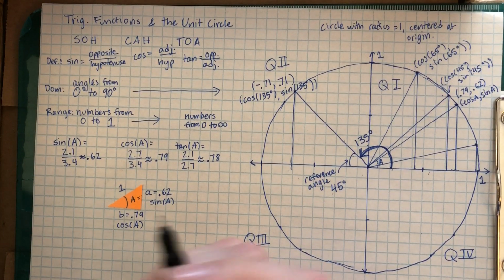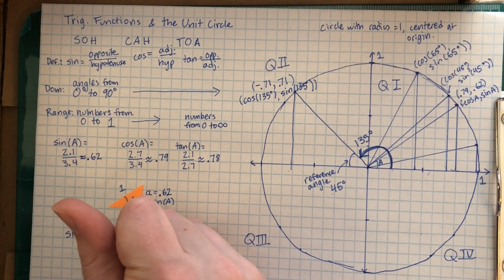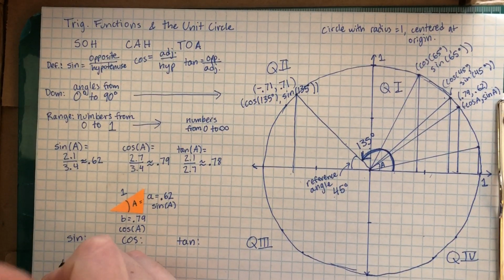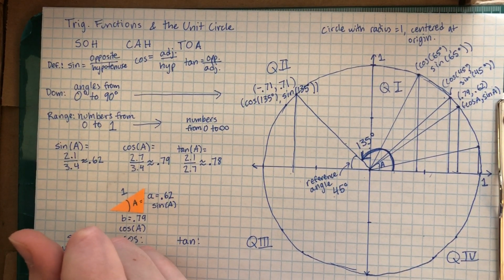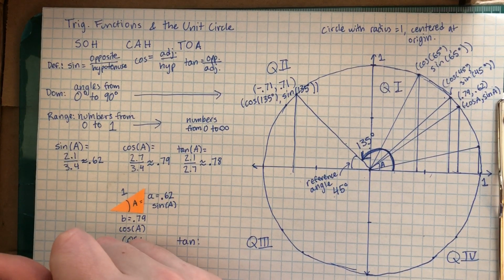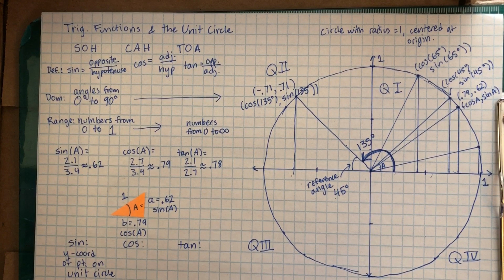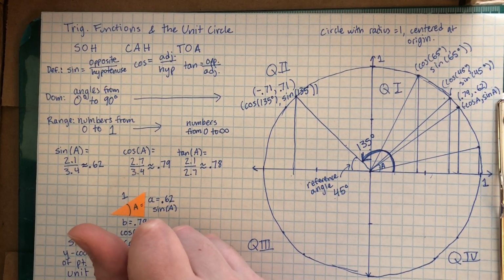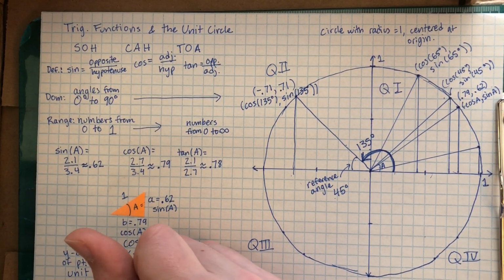Okay, so my new definitions: sine is the y-coordinate of our point on the unit circle. The cosine is the x-coordinate of our point on the unit circle.